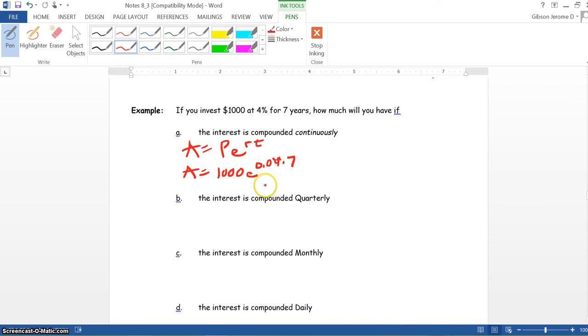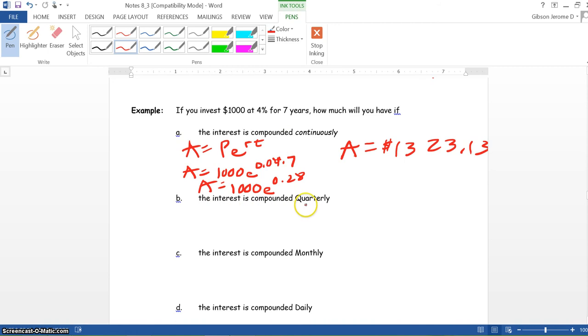Okay, so now we will have A is equal to 1,000 e to the 0.28 power. So now we will have 1,000 times e to the 0.28 power, which will give us our final answer of $1,323.13. And that will be our final answer for compounding continuously.